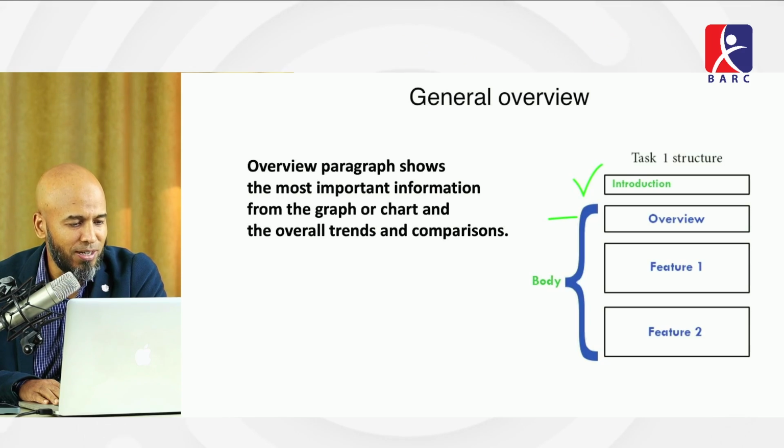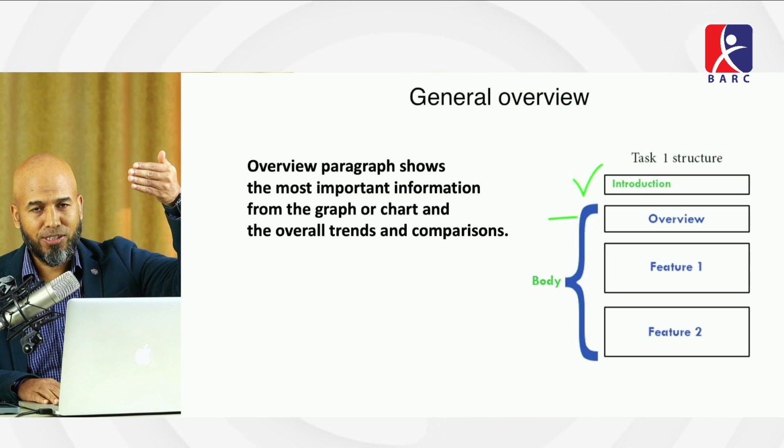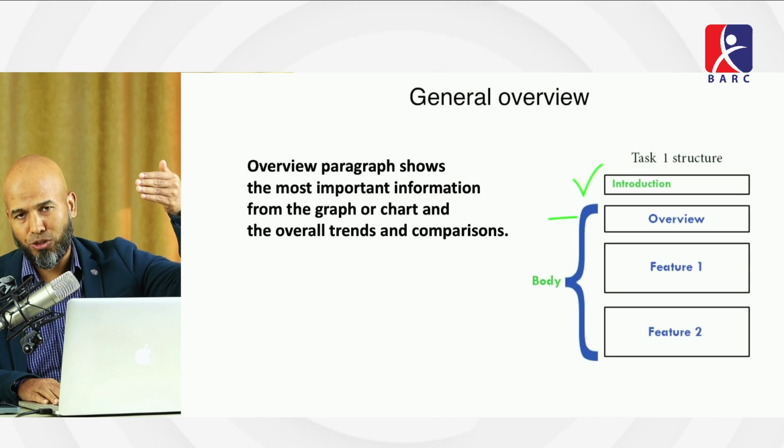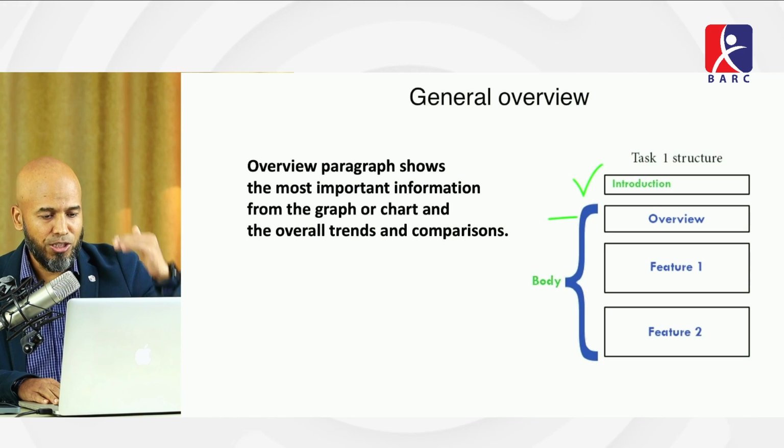Let's see how to write an overview. An overview paragraph shows the most important information from the graph or chart and the overall trends and comparisons. So you see how you can fit in your overview. You can write your overview just after the introduction.